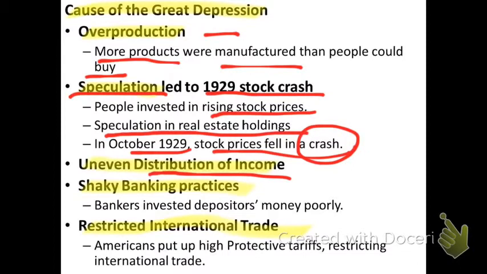So even though people are making more and more money than ever before, because of the increased innovation and invention of Americans, the birth of the automobile industry and the Nickelodeons and all these other things we've discussed, there still was a very uneven distribution of wealth, which of course created quite a few problems.